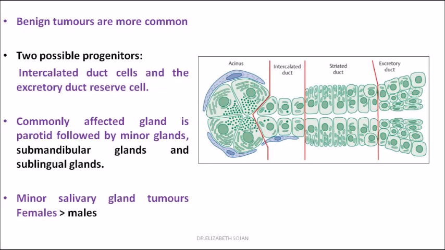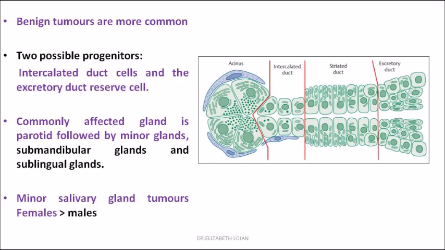Among these, the intercalated duct cells and the excretory duct cells act as progenitors for the various salivary gland tumors. They behave abnormally and give rise to various salivary gland tumors. Clear?